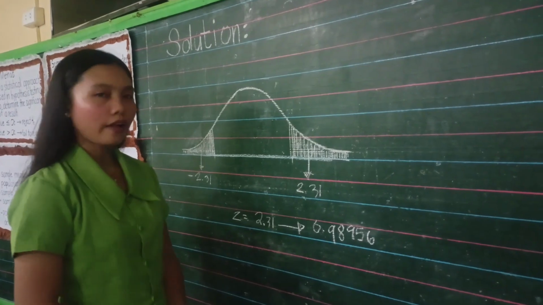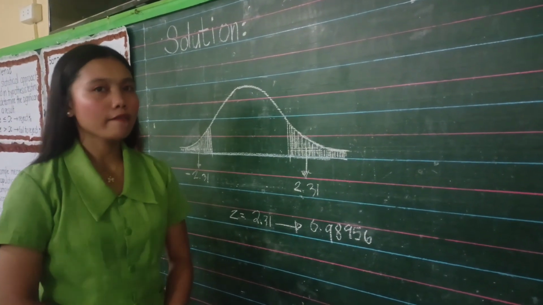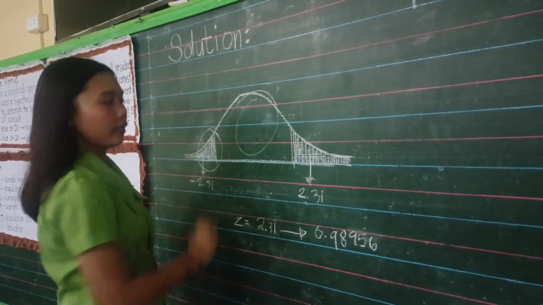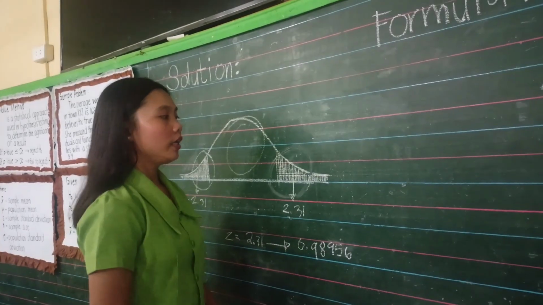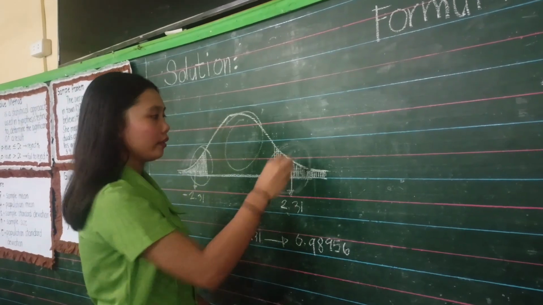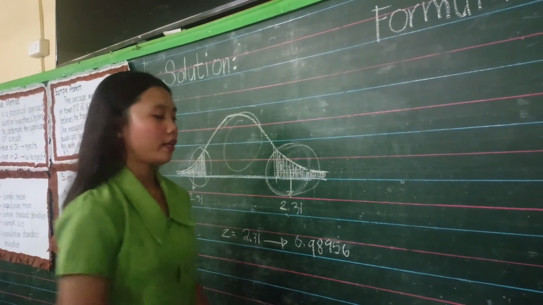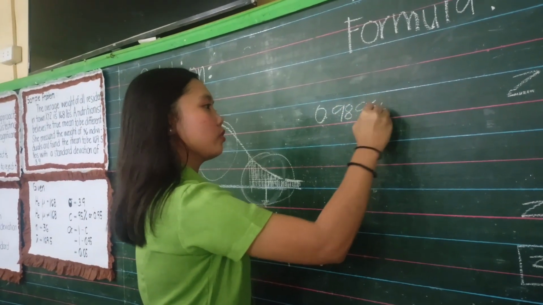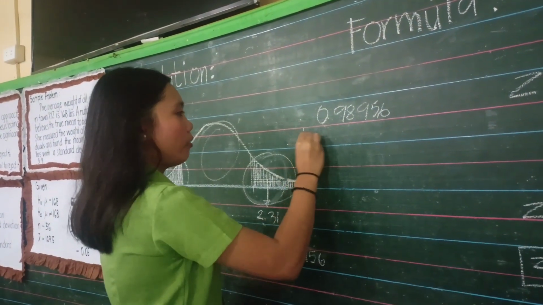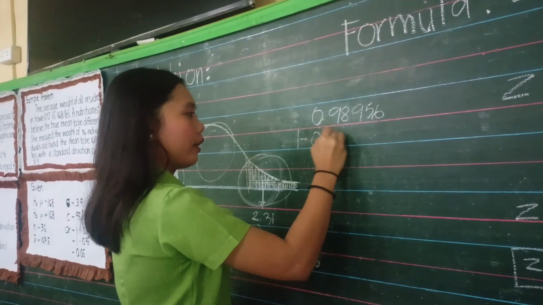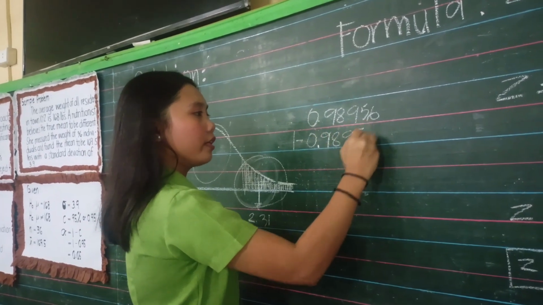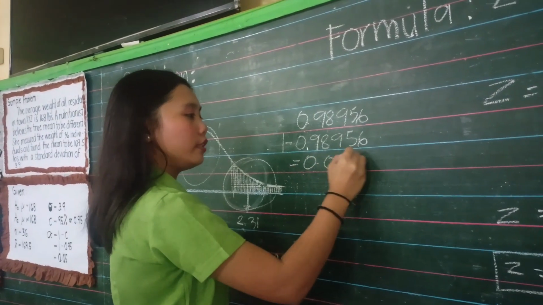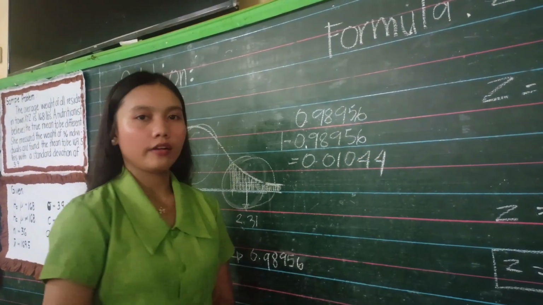This area value, 0.98956, is the sum of this area plus this area. In order to get the area on the right, we must subtract 0.98956 from 1. So 1 minus 0.98956 is equal to 0.01044.